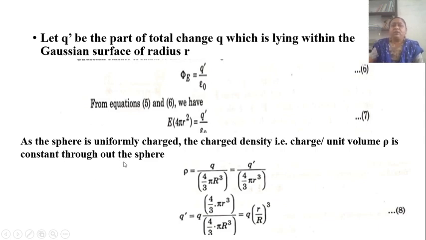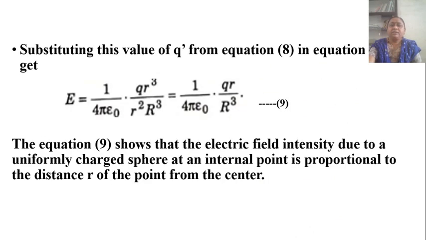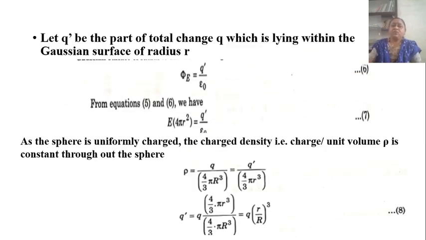As the sphere is uniformly charged, the charge density rho, that is charge per unit volume, is constant throughout, and so rho equals q upon 4 by 3 pi R cube, which equals q dash upon 4 by 3 pi r cube. So q dash equals q into 4 by 3 pi r cube upon 4 by 3 pi R cube. After simplification, we get q dash equal to q times (r upon R) whole cube.